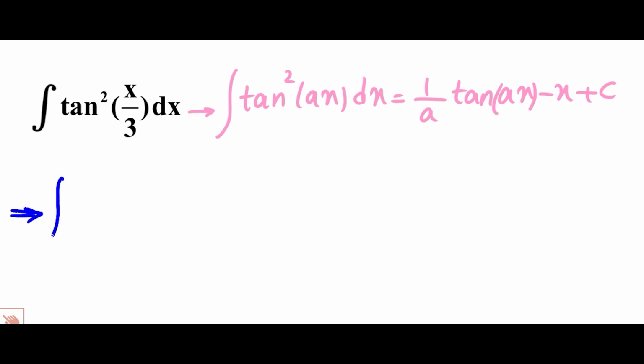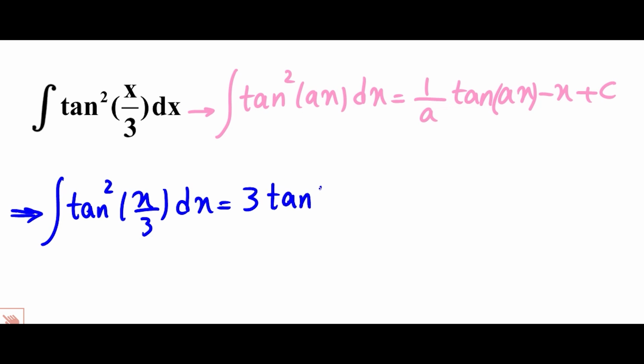So the integral of tangent squared x over 3 dx, where a equals 1 over 3, so 1 over 1 over 3 equals 3 tangent of x over 3 minus x plus c.